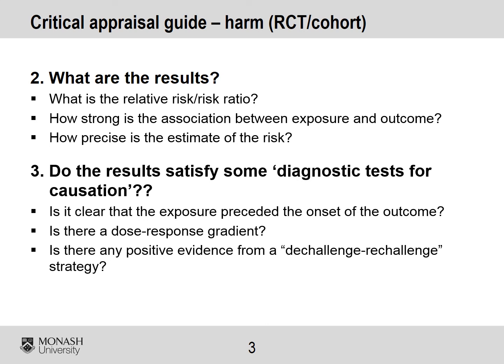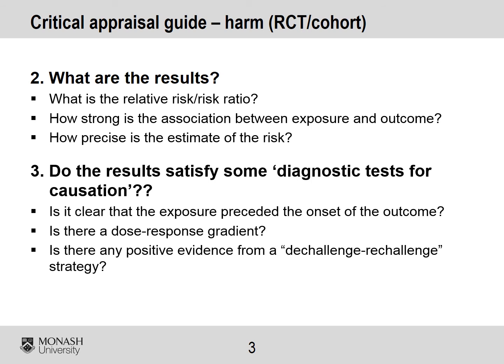And finally, is there any evidence from a de-challenge re-challenge strategy? Basically, de-challenge re-challenge just means if I provide the exposure to the risk factor, does it result in a particular outcome? And if I can remove that particular exposure or risk factor, does the outcome change? Again, something like NSAIDs: we provide an NSAID to a patient, he or she may have some GI side effect.